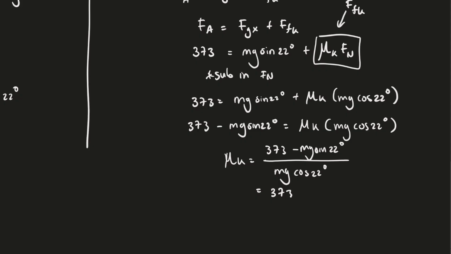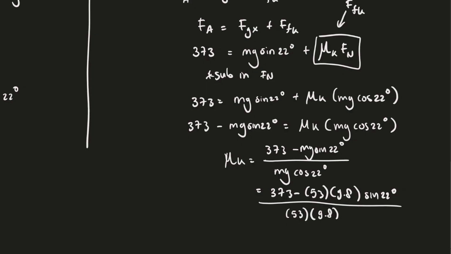It's going to be 373 minus m, which is 53, times g, 9.8, and then sine 22 degrees, divided by m, which is again 53, times g, 9.8, multiplied by cos of 22 degrees.